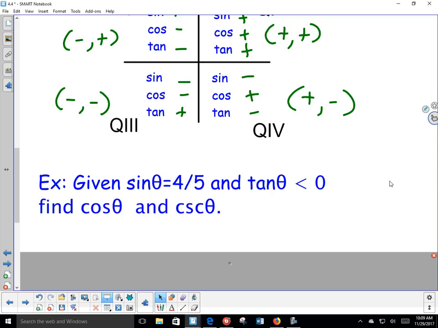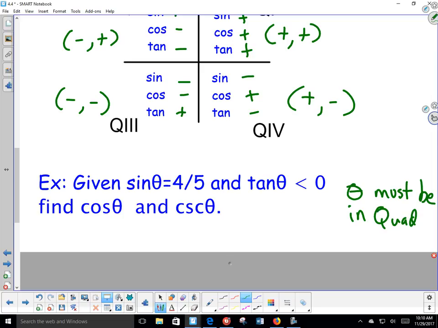After all this discussion about what quadrants things are positive in, can we figure out what quadrant theta is in this problem? Theta must be in quadrant what?